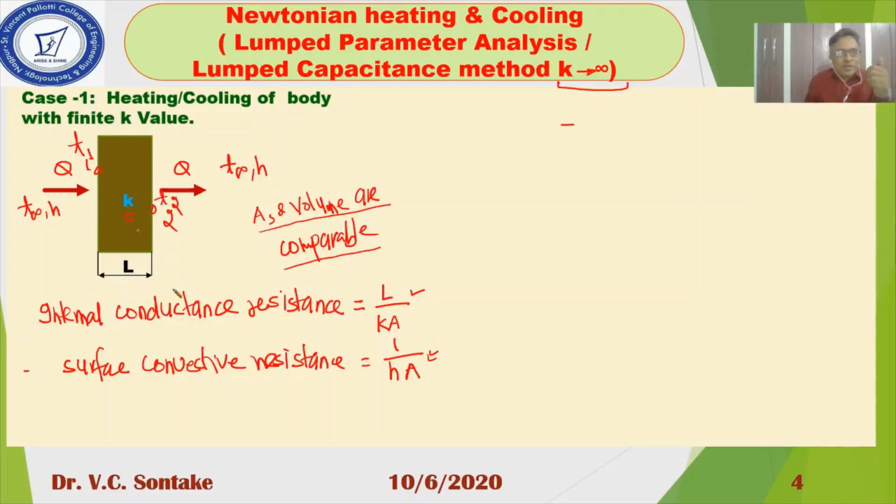That means the internal conductance resistance will create a temperature gradient across the surfaces of this body.